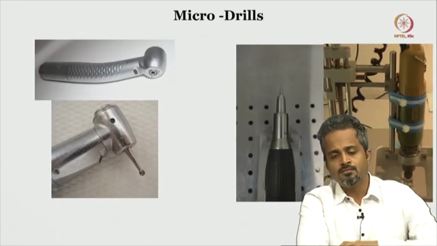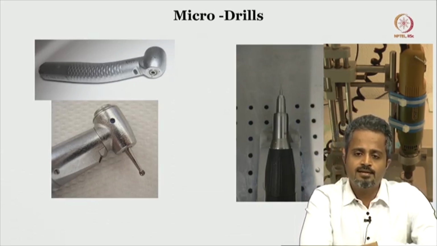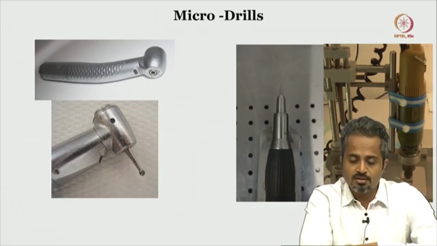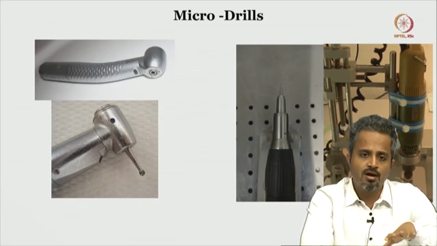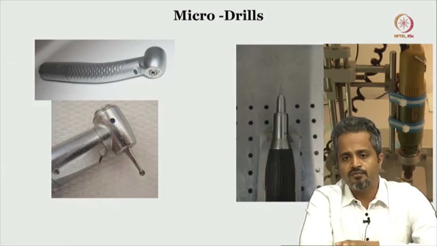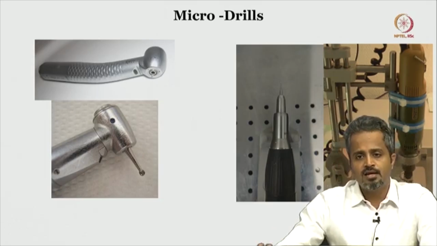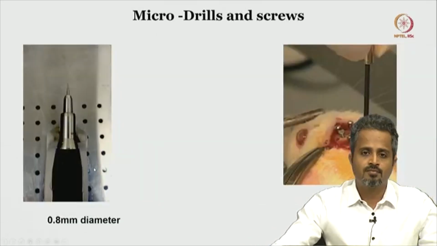So, coming to the actual surgical steps, this has been discussed in detail in the previous session, so I will not dwell too much on it, but just to give you a brief recap: on the left hand side you have a dental micro drill, on the right hand side you have the coaxial system of the drill, which is a bit heavier than the left, and the advantages and disadvantages have been discussed already in the previous session.